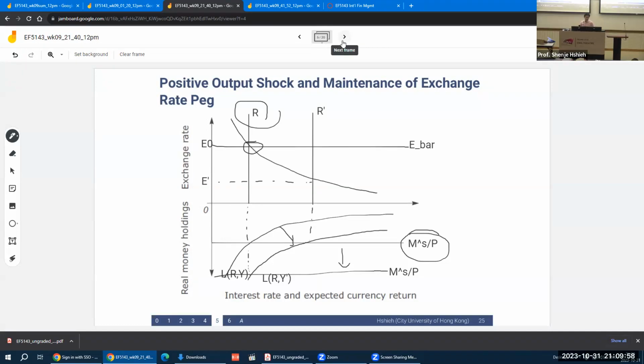It should be clear that for pegged exchange rates, monetary policy must be used at all times to maintain the peg.